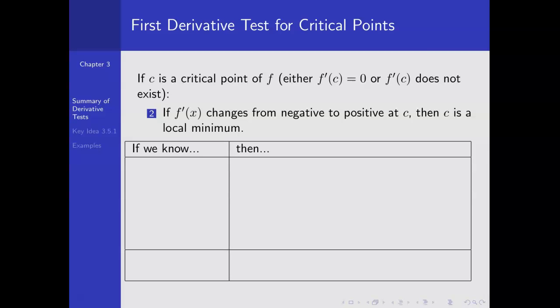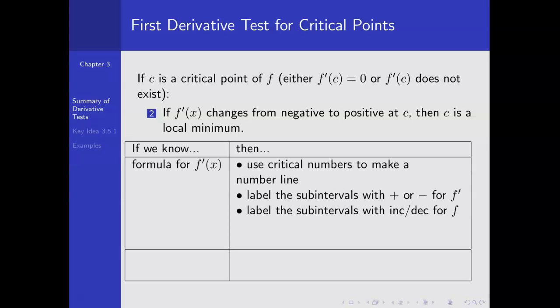Going the other direction, looking at local mins, if f prime changes from negative to positive at a critical number, a critical point, then C is a local min. So we can use the increasing-decreasing test information, but again, we are just labeling local max and local mins as well. So if we know the formula for f prime, we find critical numbers to label the number line.